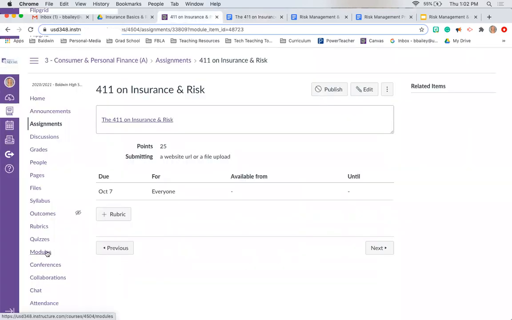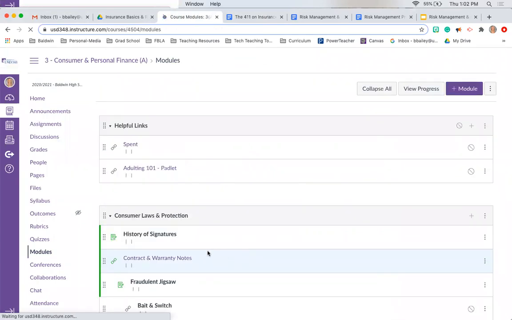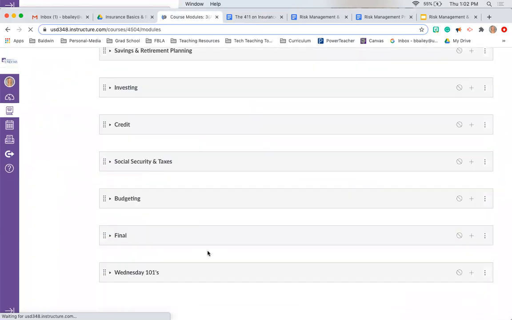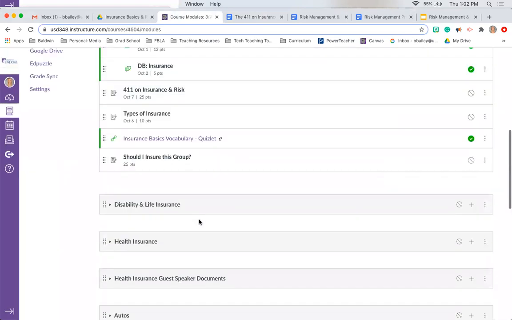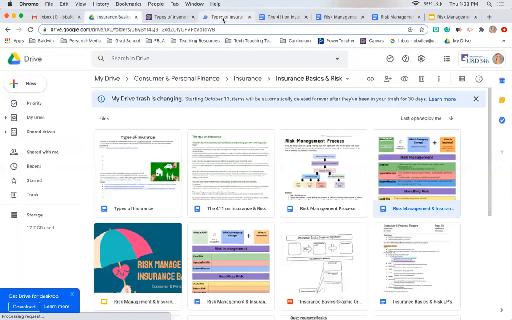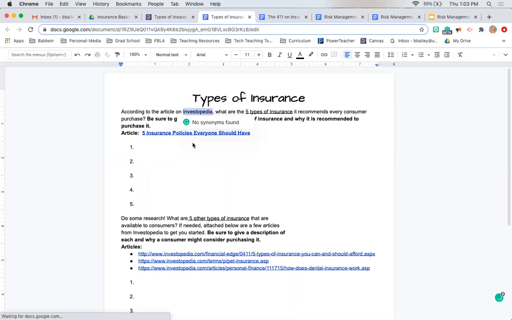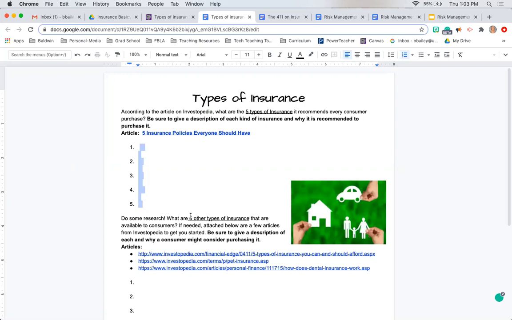And then the other thing that you need to accomplish tomorrow on your virtual day is the types of insurance that are available to consumers. So specifically, there are 5 types out there that Investopedia, which is a pretty reliable consumer website, recommends every consumer has, but there are several other types of insurance out there.